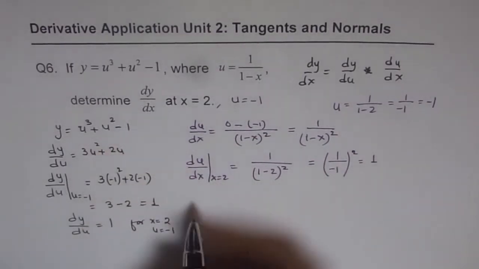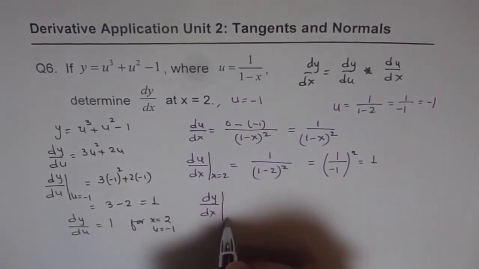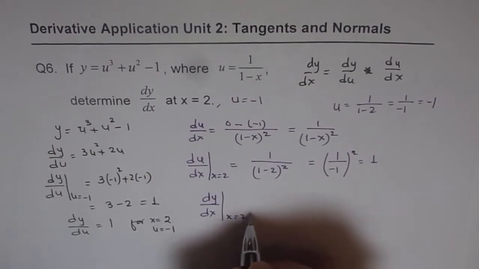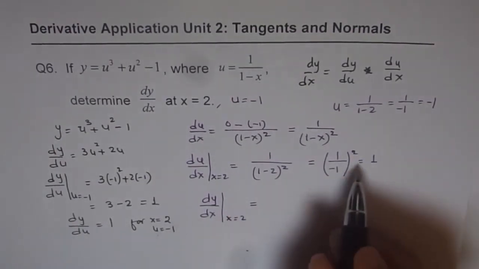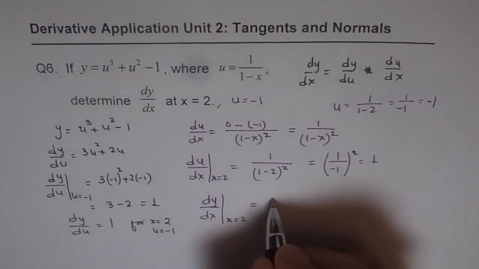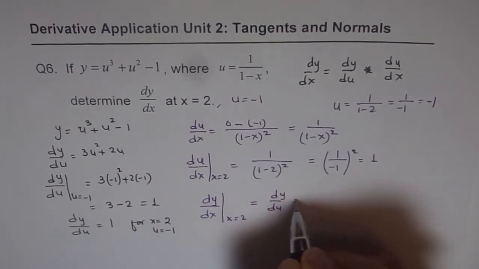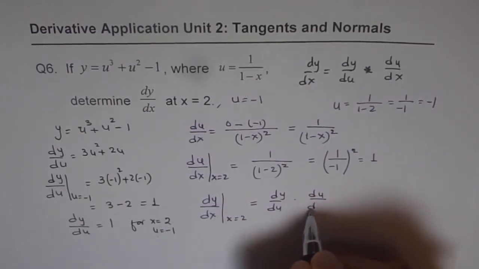So what is dy/dx? We can find dy/dx at x equals 2 as the product of these two, right? It is the product of dy/du times du/dx.